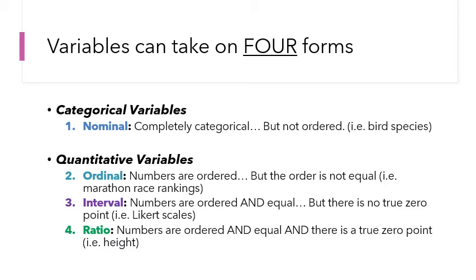You can do multiplication and division with these, and things retain their values. You can add and subtract them, which a lot of these other ones you can't. Interval variables, you can add and subtract, but you can't multiply and divide them because there's no true 0 point. Whereas ratio, you do have the ability to multiply and divide them in order to create these unique properties associated with them.